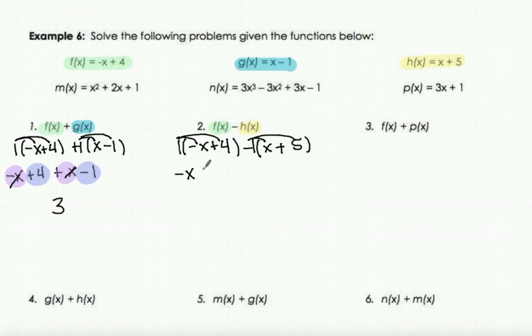I'd have negative x plus 4. Negative 1 times x gives me negative x, and negative 1 times 5 gives me negative 5. I would combine my like terms. My negative x and negative x, and then my 4 and negative 5. So negative x minus x gives me negative 2x, and 4 minus 5 gives me negative 1.